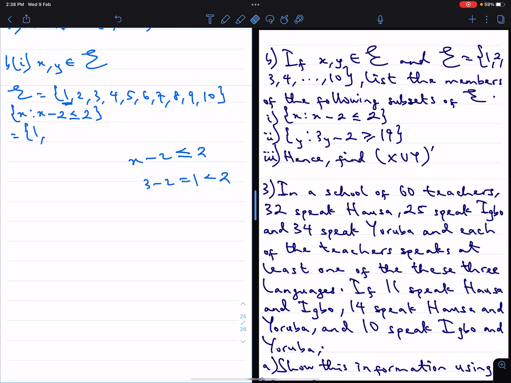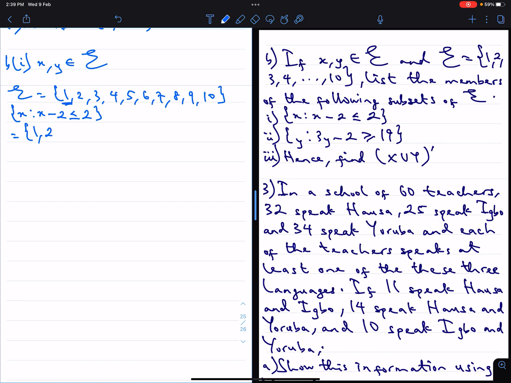Now 4 minus 2 is equal to 2, which is the same as 2, and that 2 is a member of the universal set. So 2 is a member of the set X. 5 minus 2 is 3, and 3 is greater than 2.